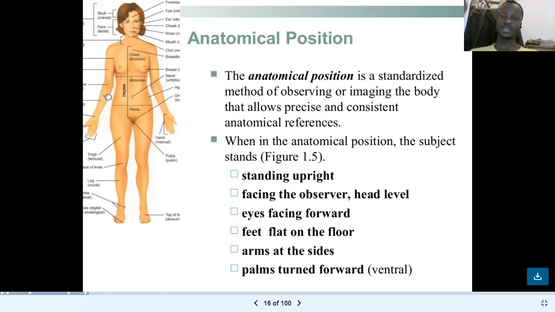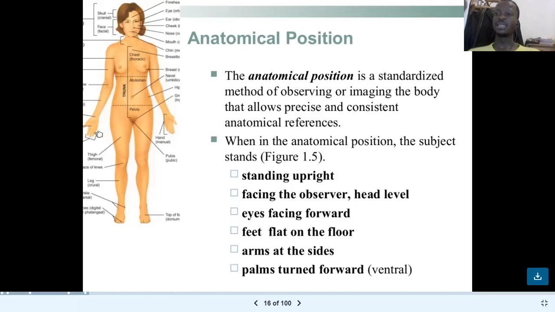Why is this important? Classic example, in your upper limb, when you describe, let's say, a surface landmark like the anatomical snuff box, for you to have a correct description of the anatomic boundaries, you need to use reference to an anatomic position if you're going to correctly define the medial and the lateral boundaries.